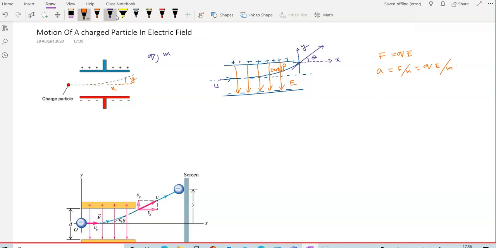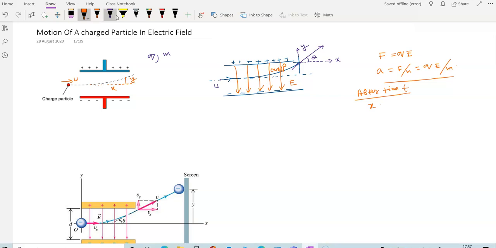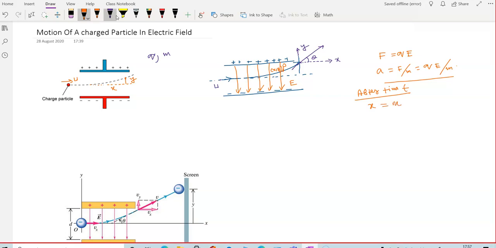If it enters with the speed u, then the initial velocity in this direction is u, the strength of the field is E, so its acceleration along the direction of the field or opposite to the field we have found. The motion along the y-axis will be due to the acceleration QE by M. So after time t, the horizontal displacement, the displacement along the x-axis, will be u into t.